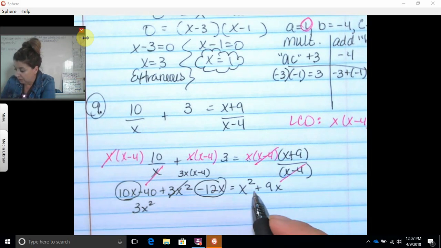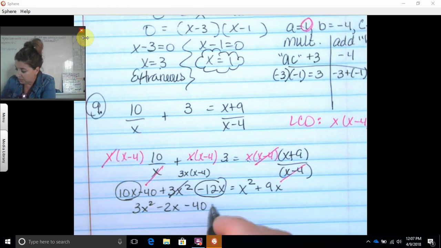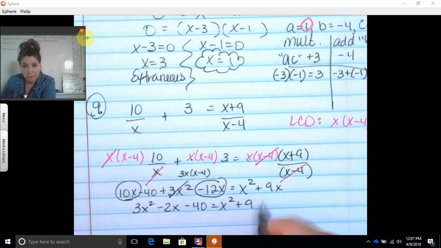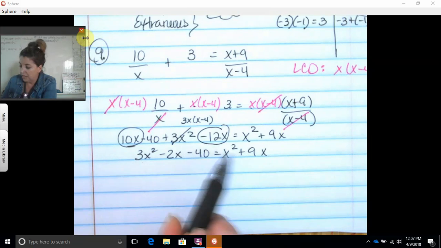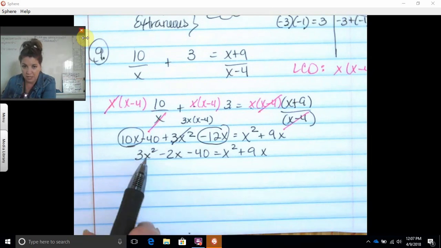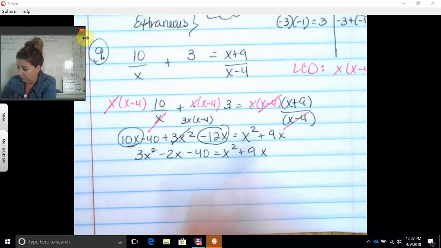Negative 2x. You know it. And then don't forget your minus 40 equals x squared plus 9x. My quadratic terms, 3x squared, that's going to be my leading coefficient, and it's positive. So I want to bring this x squared over here so that it remains positive. So I'll move everything to the left.